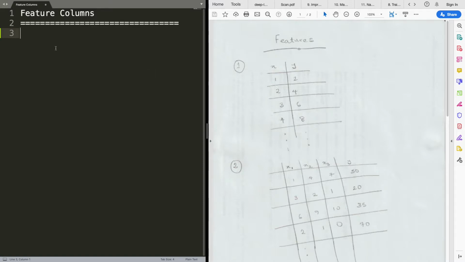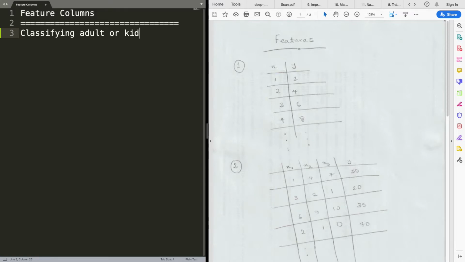So I'm thinking, for instance, of a typical example in classifying somebody as maybe an adult or a kid.